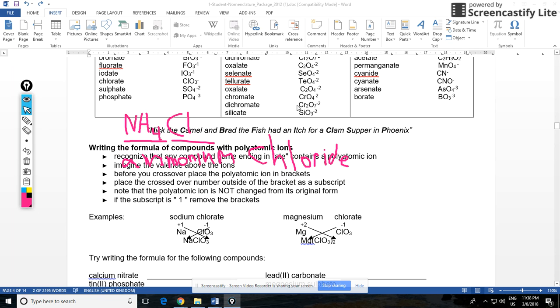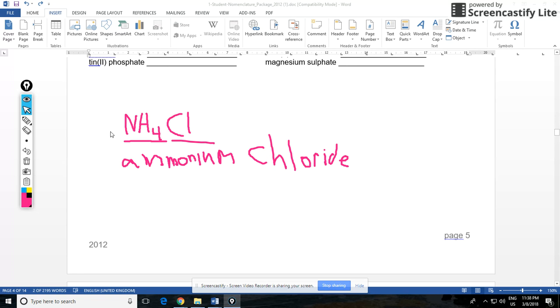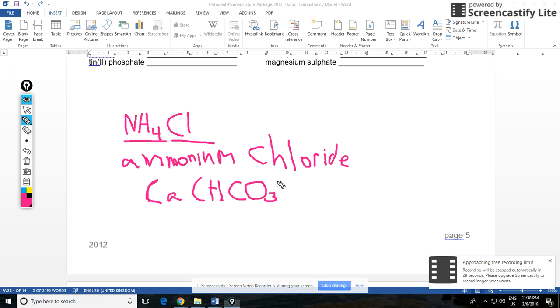Some polyatomic ions might have more than 2 elements in them. For example, you might have Ca(HCO3)2. You'd have to find your metal first, which is calcium.